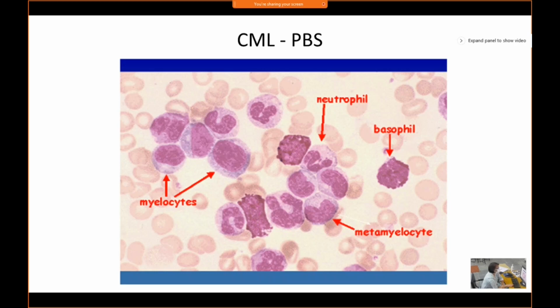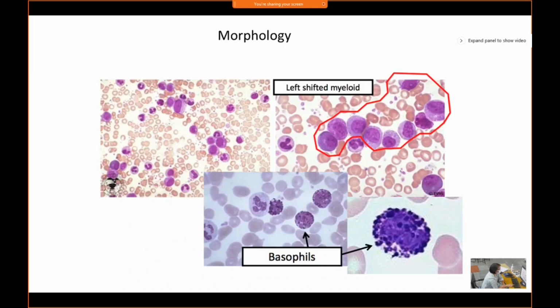Okay. And CML, the basic thing about CML is that there is a shift to left. Now, what do you mean by a shift to left? Usually in the peripheral blood, you get neutrophils, lymphocytes, eosinophils, monocytes. That is what you normally get in the peripheral blood. But in the peripheral blood of a CML patient, you get a shift to left.